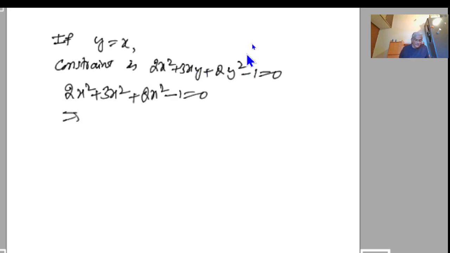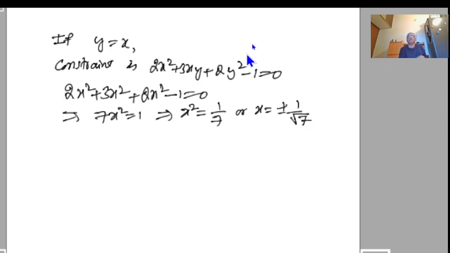This implies 2 plus 3, 5 plus 2 is 7x square equal to 1, implies x square equal to 1 by 7 or x equal to plus or minus 1 by root of 7. So that means if x equal to 1 by root 7, y is also equal to 1 by root 7.